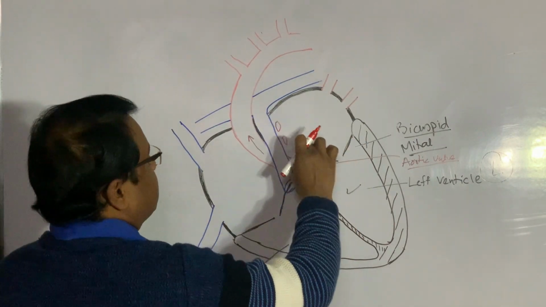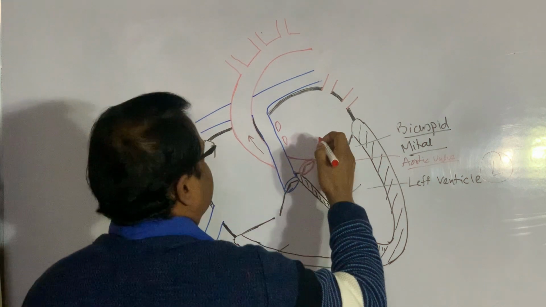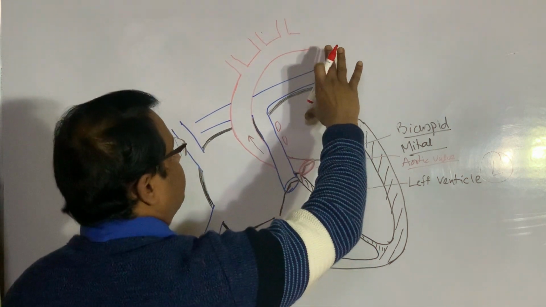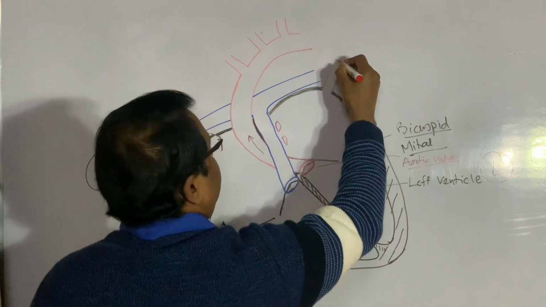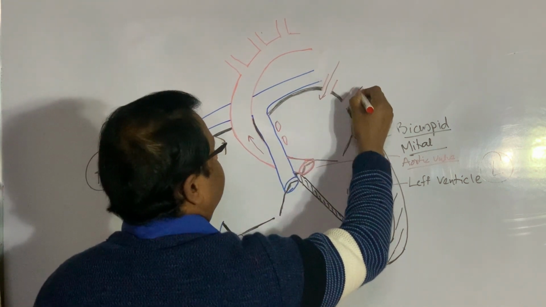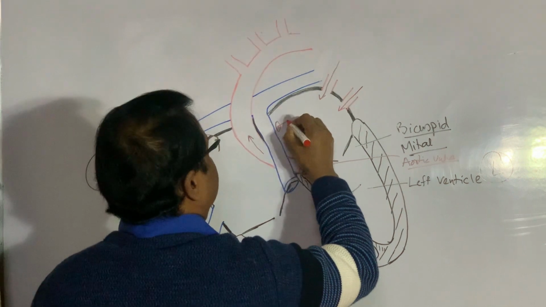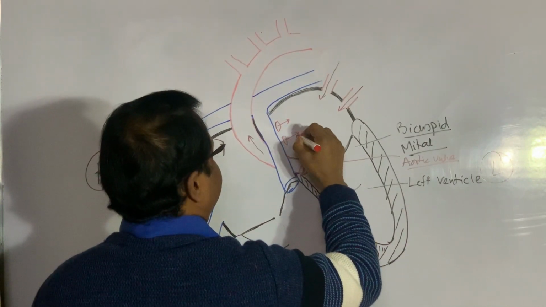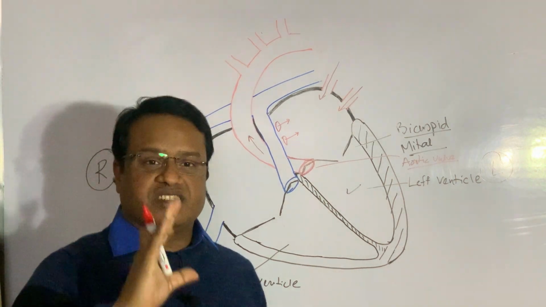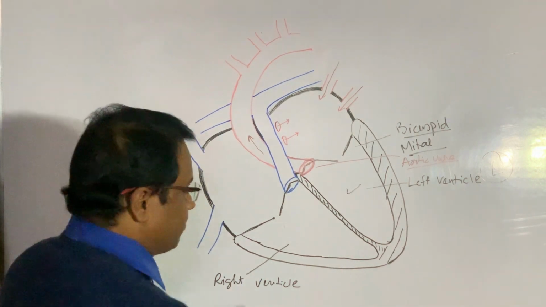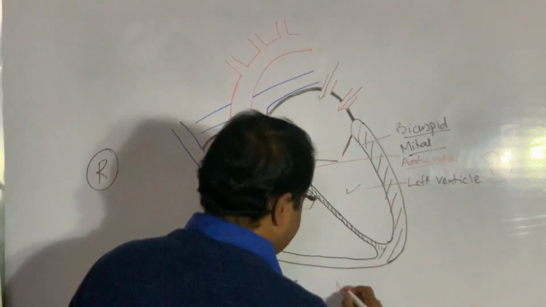Here is the left atrium. The left atrium receives blood from 4 large veins, the pulmonary veins. One thing you must remember is the difference between artery and vein.